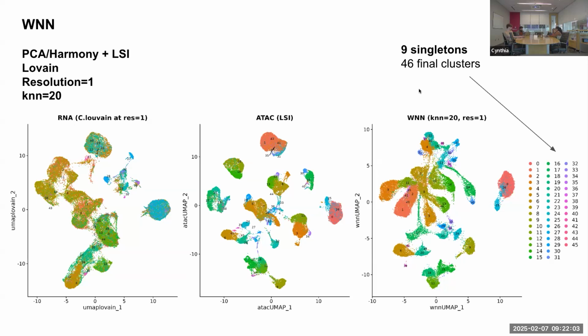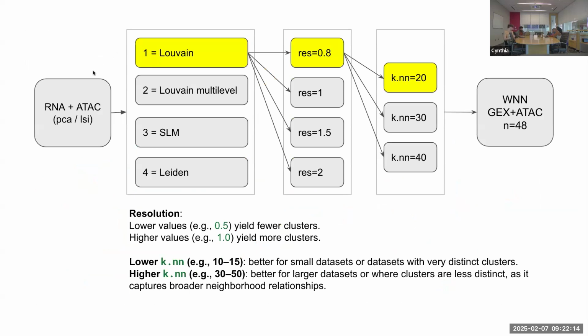I was a bit worried because of that, because we are losing the opportunity to look for regulatory elements when we have this big number of singletons. So I started to check what kind of algorithms we have available, and also what are the more sensitive arguments that affect the clustering.